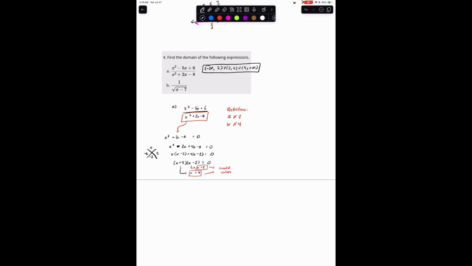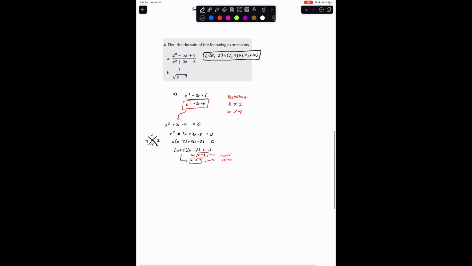There you go. And then for part B, we have a combination of the radical again, and the fact it's under the fraction part, so it's the denominator, right?